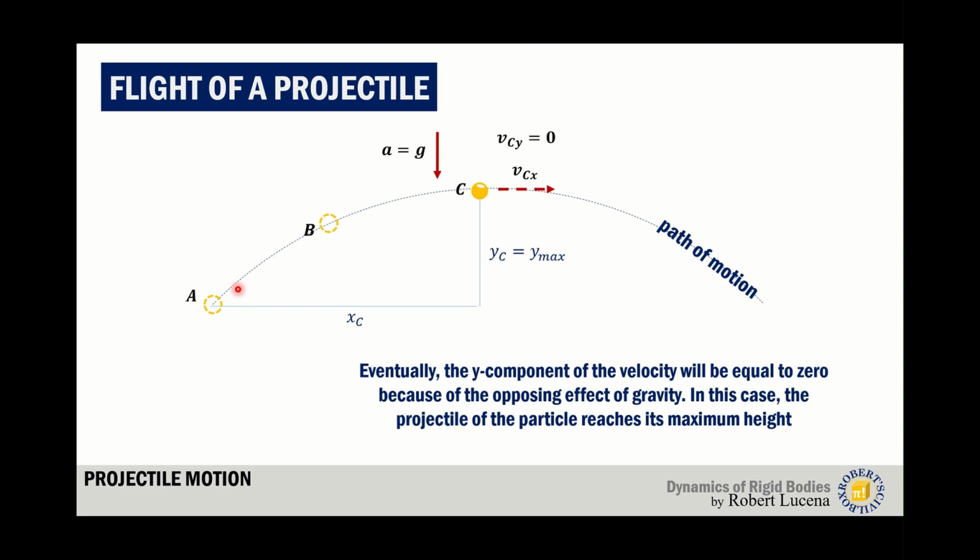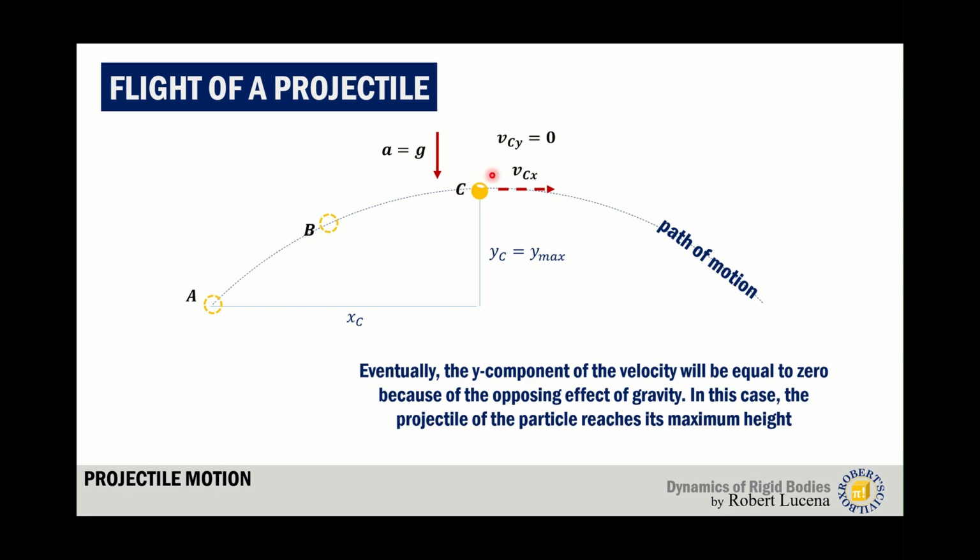This is the highest point of the projectile, because a positive y component velocity gradually decreases its magnitude until it reaches 0, and then eventually, because of the negative acceleration, it will gain a negative velocity downward and start to move downward.